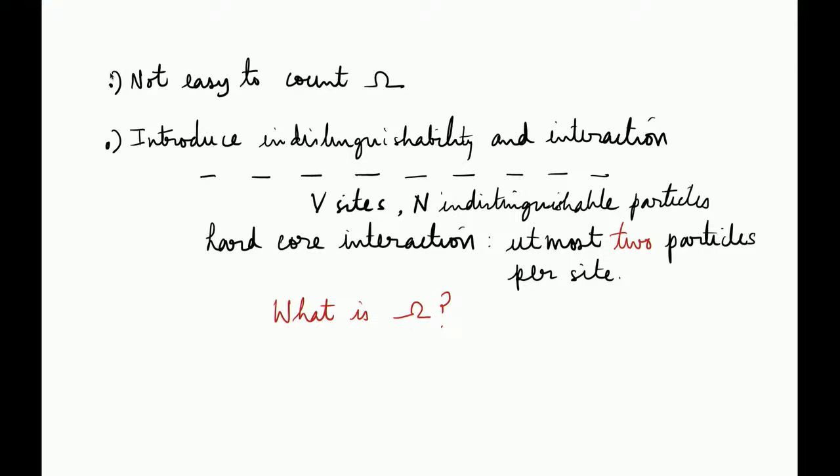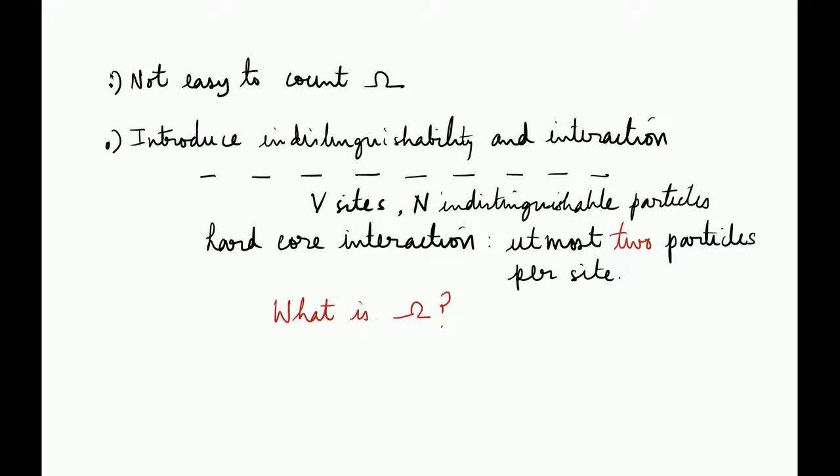Now, assignment problem. We had done V sites, n distinguishable particles, hardcore interaction, but now I say you can have at most 2 particles per site. Previously we had done 1 particle per site or infinite particles per site. If I did 2 particles per site, can I count?